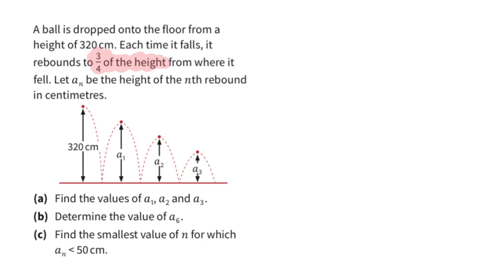So for part A, we just need to follow this particular rule. A1 will then be 3/4 of the previous height, which is 320, and that will give me 240 cm.